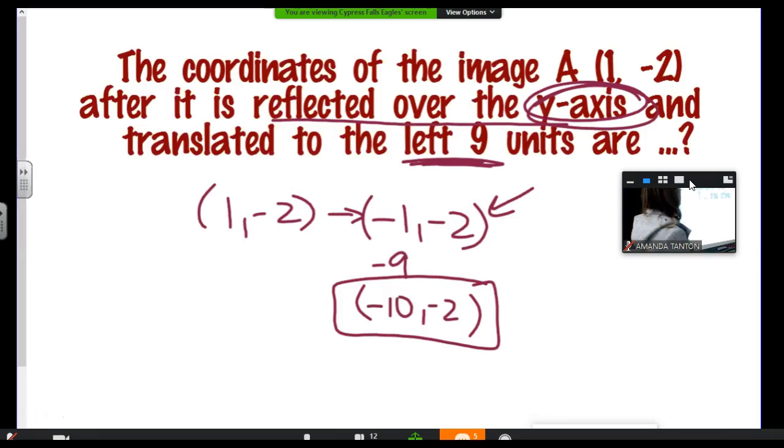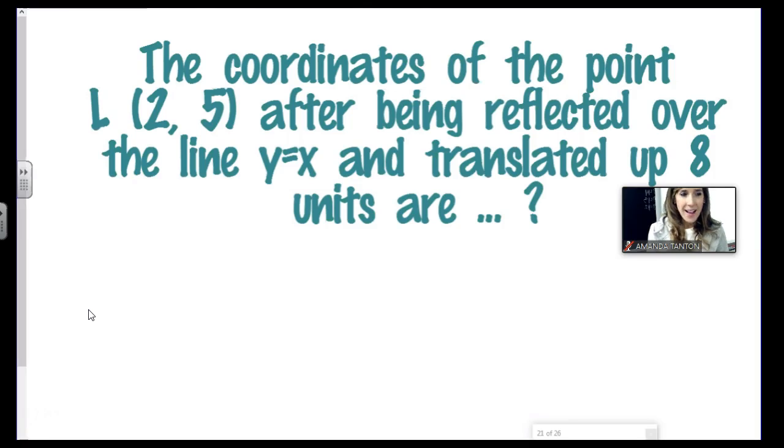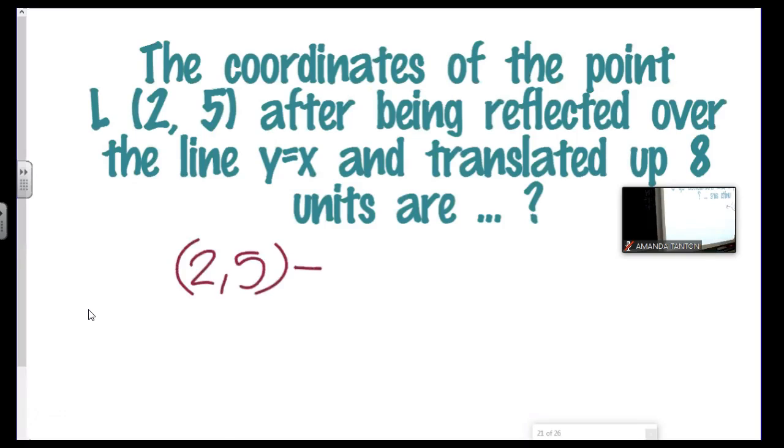Okay, try this one and then we're done. So we've got (2, 5), reflected over the line y equals x, and translated up 8. For the reflections, while you're still getting used to it, you're using your rules. And then for the translations, you're just using that good old common sense because you probably already knew how to do that. So what's our middle step? (2, 5) becomes... So we want to reflect it over y equals x.